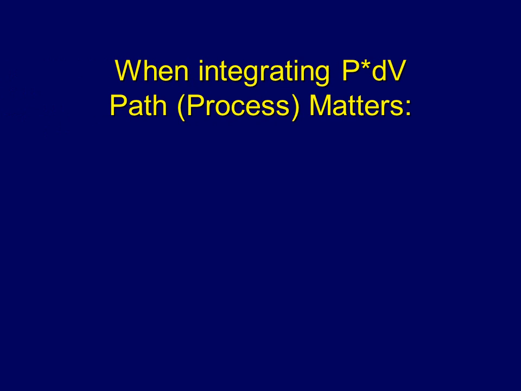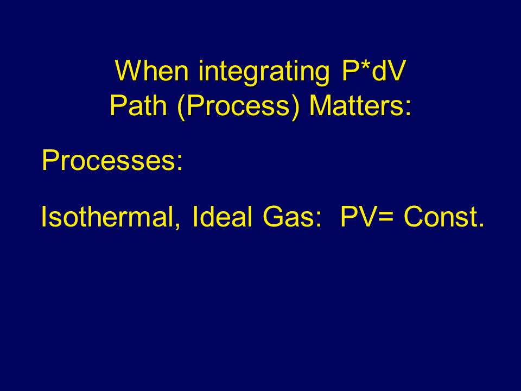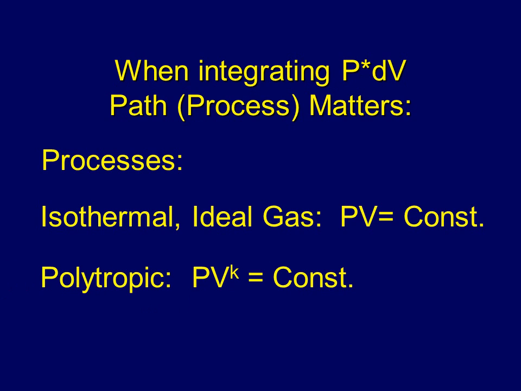Okay, when we're integrating P dV, the path matters, the process matters. So some processes that we could consider are, for instance, one along the path where it's an ideal gas and PV is constant. We can also have a process where PV to the K is constant. We call that a polytropic process.